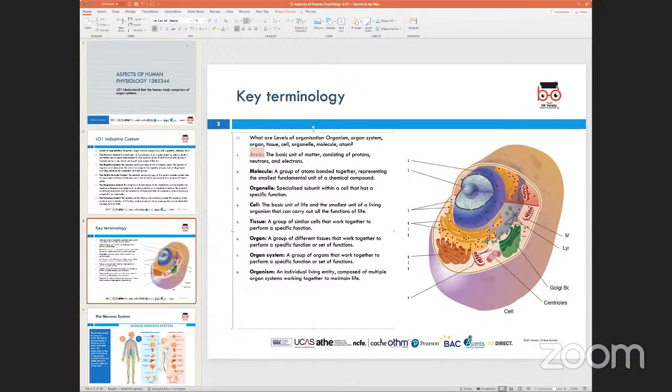Obviously, an atom can also be broken down into smaller particles like neutrons and protons, but without going into too much detail, when we talk about the smallest known particle which has the chemical elements to be able to sustain or provide life, then we talk about the atom. So it's a fundamental particle of matter, if I would put it this way.